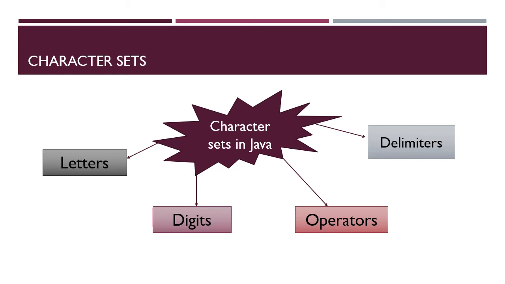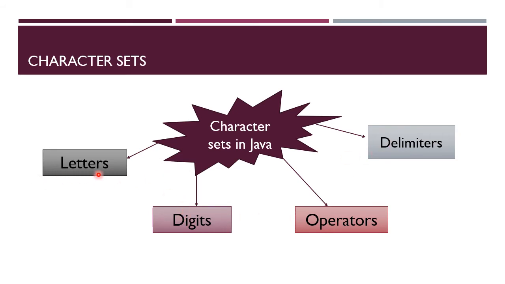The character sets in Java are divided into 4 categories. The first one is letters, the second one is digits, the third one is operators, and the fourth one is delimiters. Character sets in Java: letters, digits, operators, delimiters.